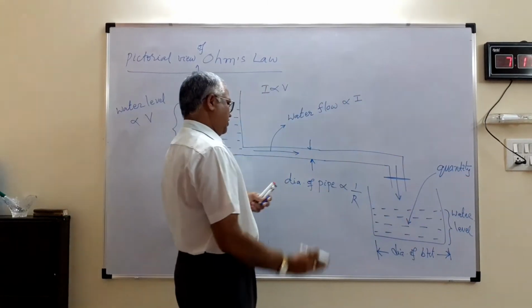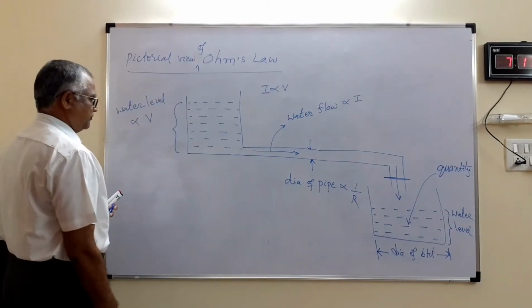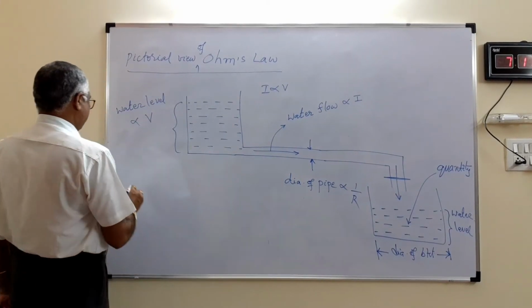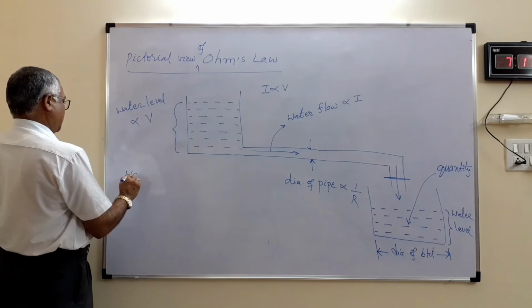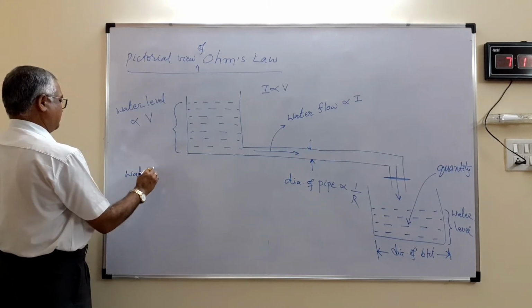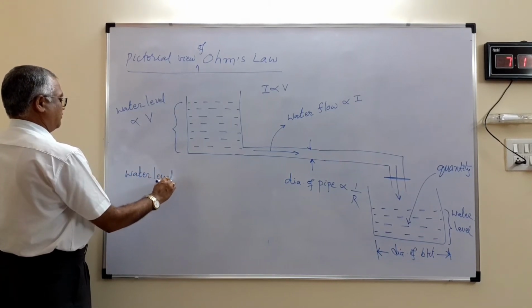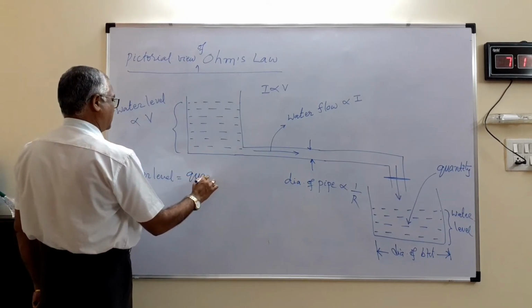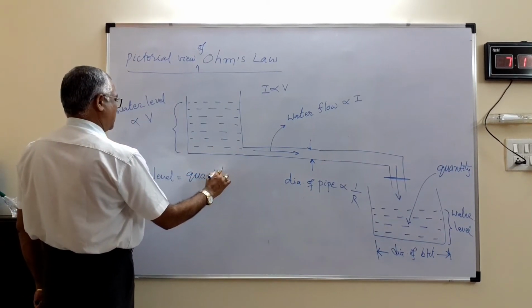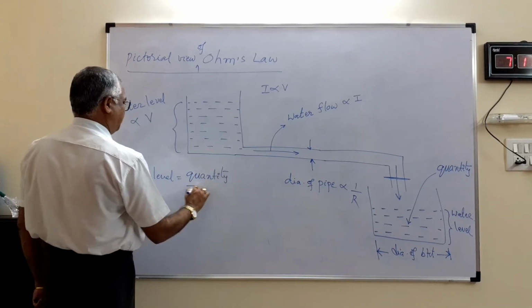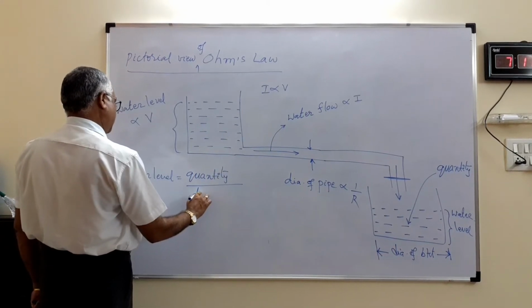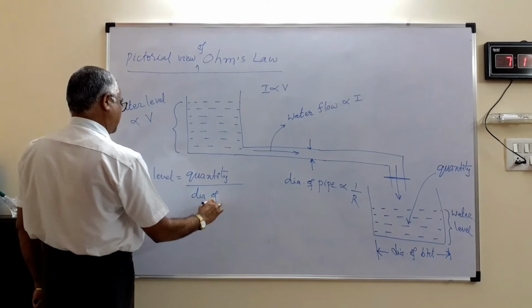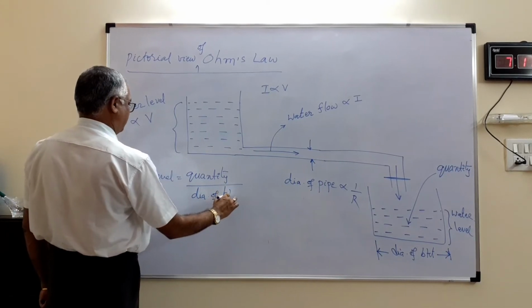How are these three related? Let us see. Water level is equal to quantity divided by diameter of bucket.